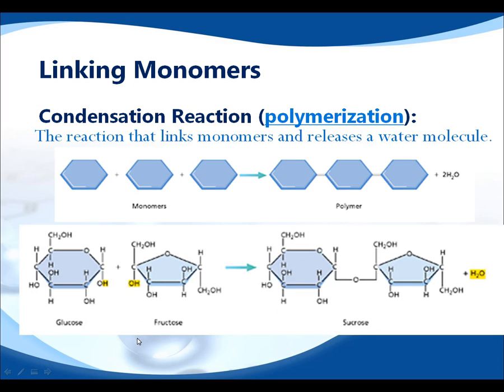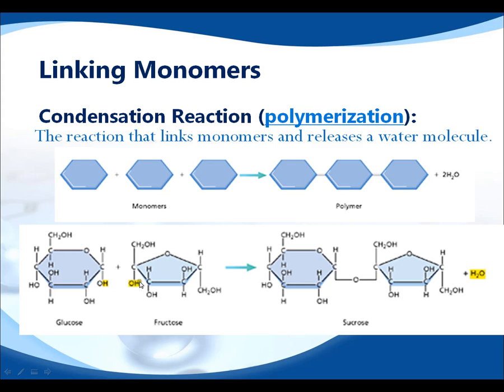Now, not to blow your mind, but if you were to look at these carbon rings with all of their carbons and other groups, here's where the water comes from. When you link a glucose and a fructose together, you have this hydroxyl group and this one, and here's our H2, so there's our 2 hydrogens, and our oxygen, H2O.